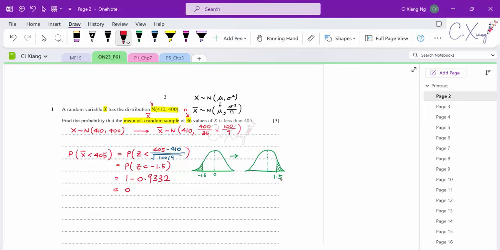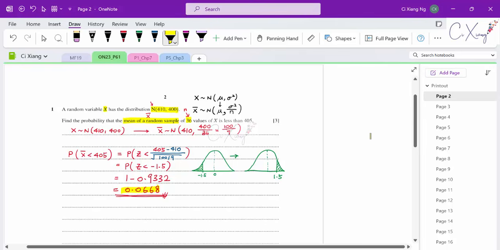Then press the calculator to help us a little bit. By right, you should have 0.0668 as the final answer. So this is how we solve question number 1.